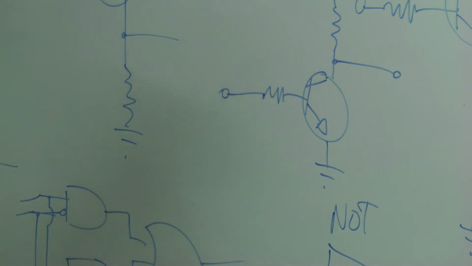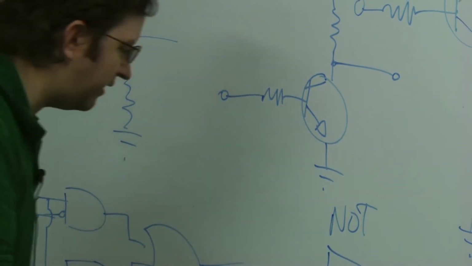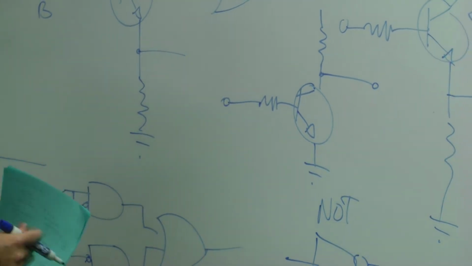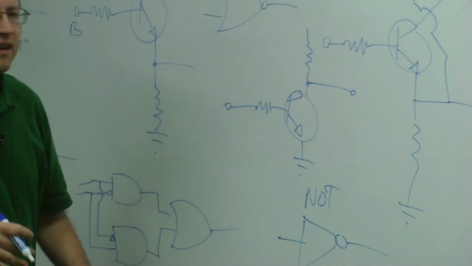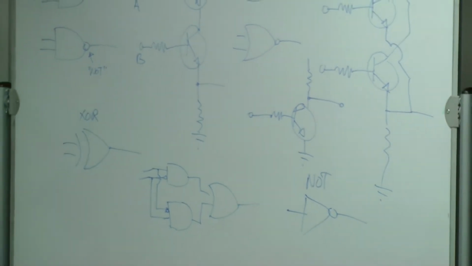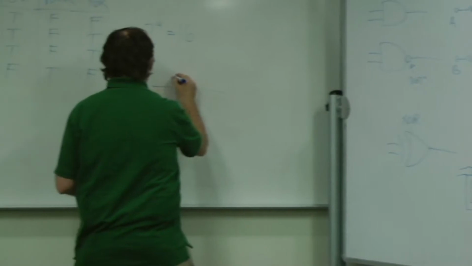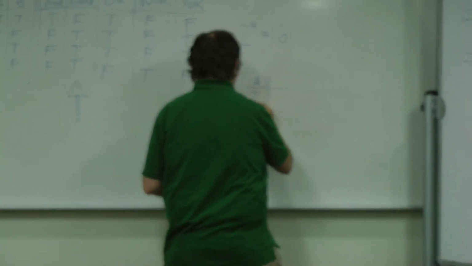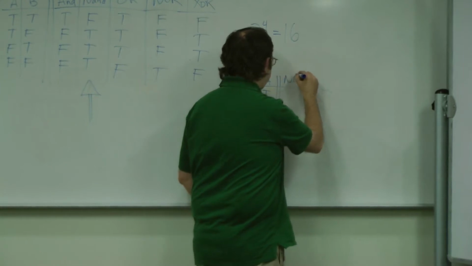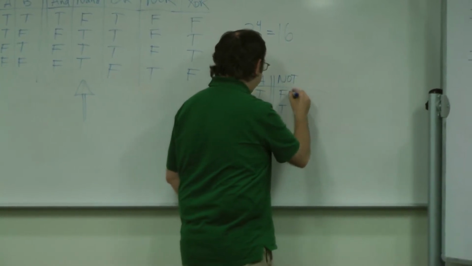And actually, in binary, there are only four unary functions, and they're very easy to write out. In this case, we have the NOT, which changes everything.